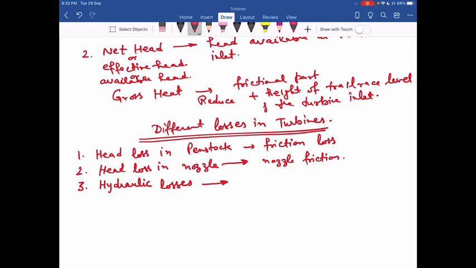In impulse turbine, the hydraulic losses occur due to blade friction, due to eddy formation and the kinetic energy of the leaving water.